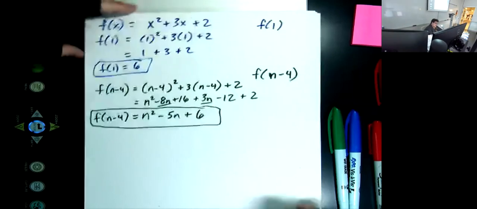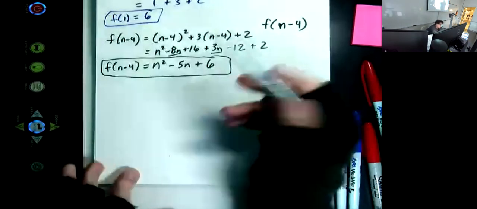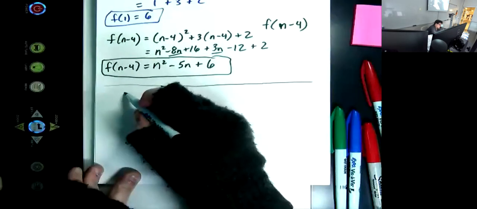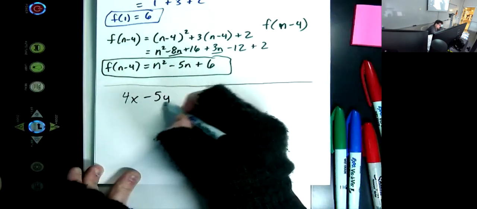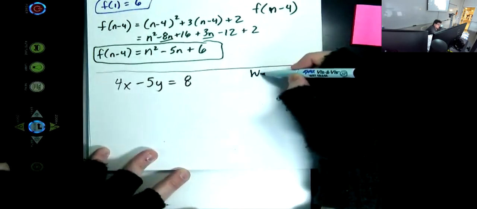All right, let's say we have 4x minus 5y equals 8. And we want to write this in function form.